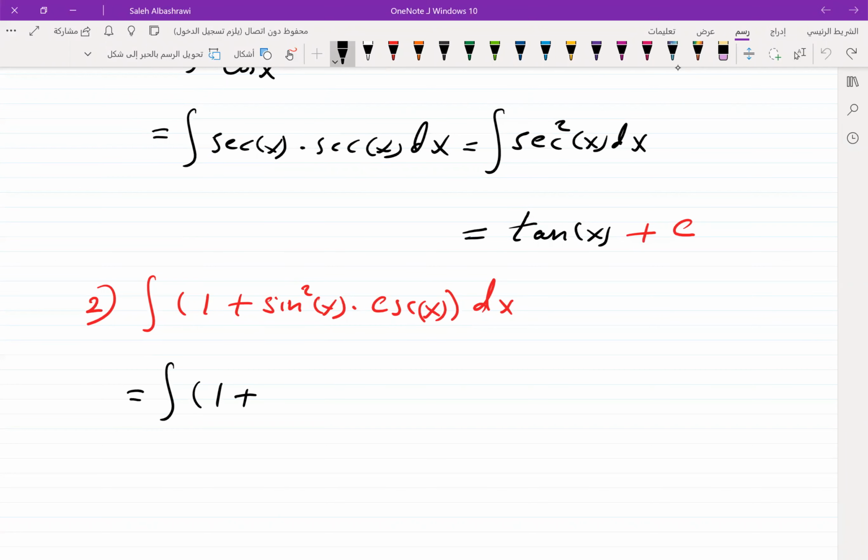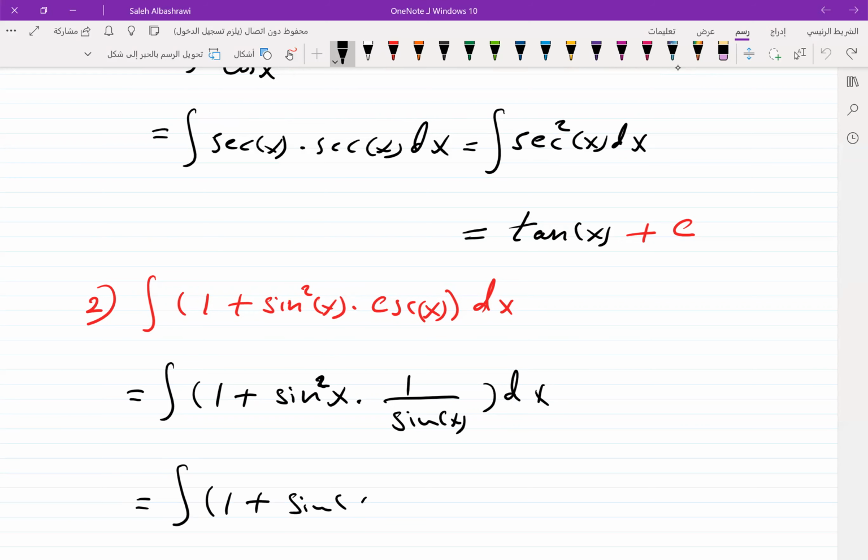Integration of 1 plus sine squared x multiplied by cosecant, which is equal to 1 over sine x, dx, which is equal to the integration of 1 plus sine x dx.